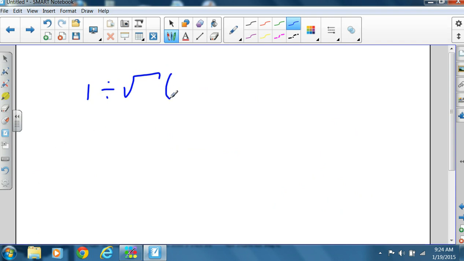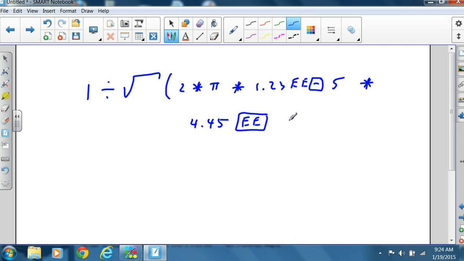And I'm going to go 2 times pi times 1.23 double E key, minus key, not the subtract key, but the minus key, 5 times 4.45 double E key, the minus key, not the subtract key, 12, close parentheses, and that should do it for me.